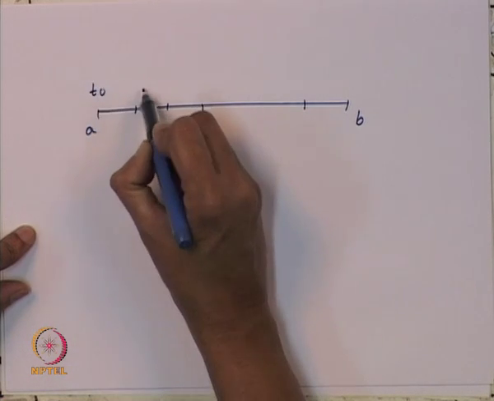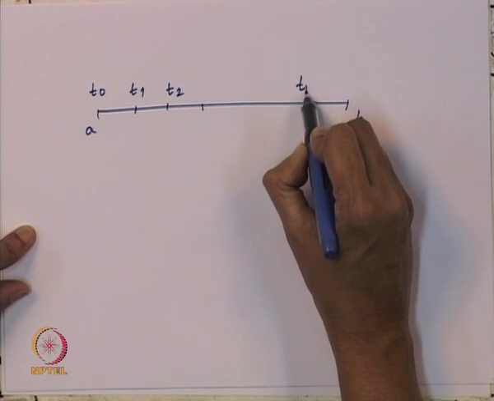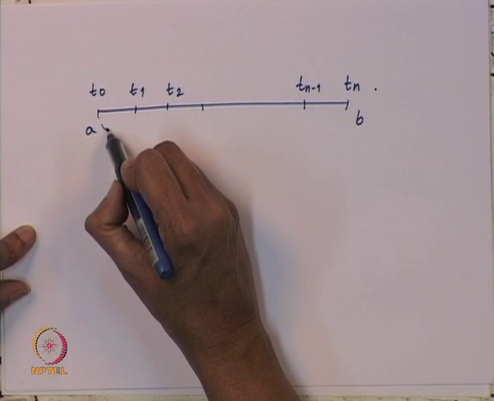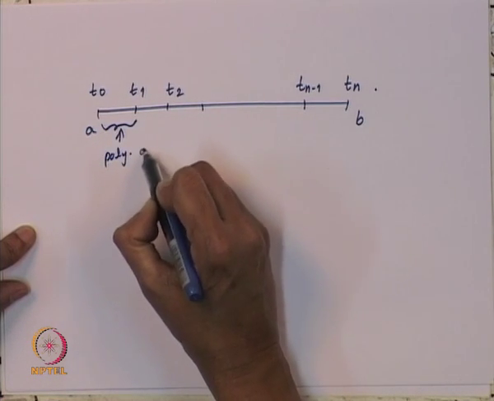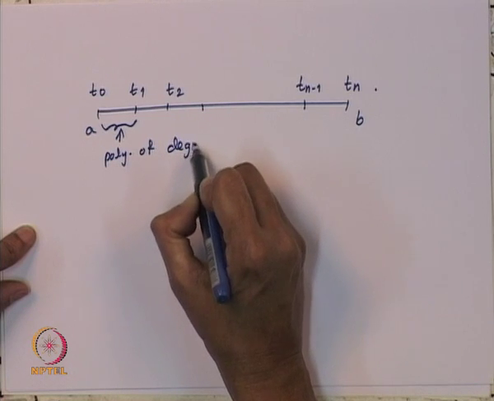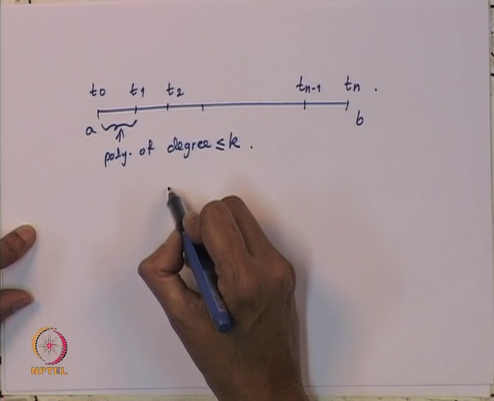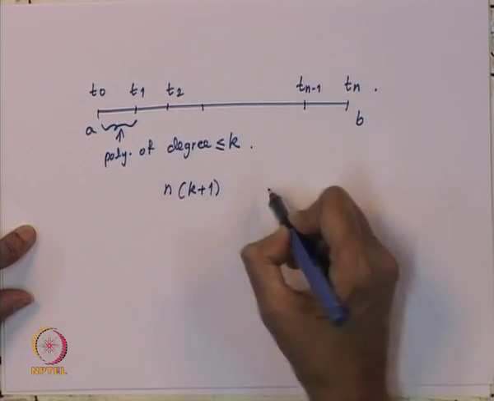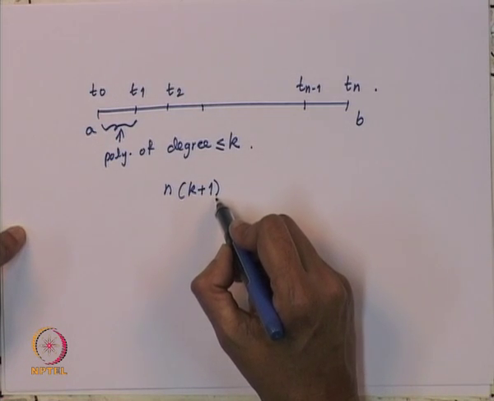So, this is t_0, t_1, t_2, t_{n-1}, t_n. Here it is a polynomial of degree less than or equal to k. So, we saw that the total degrees of freedom, they are n into (k plus 1).